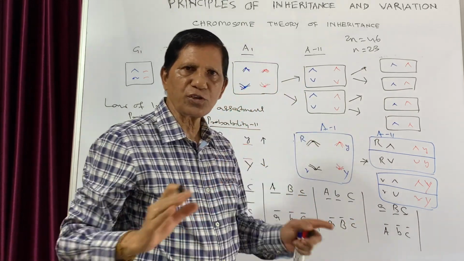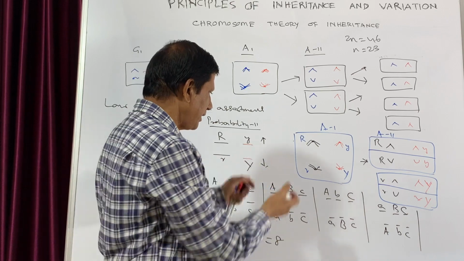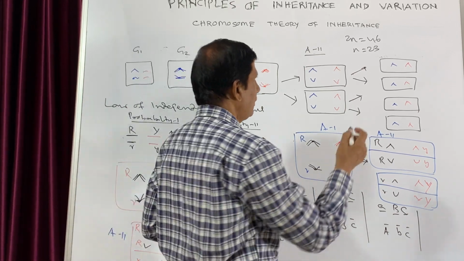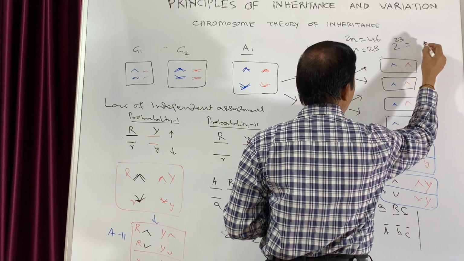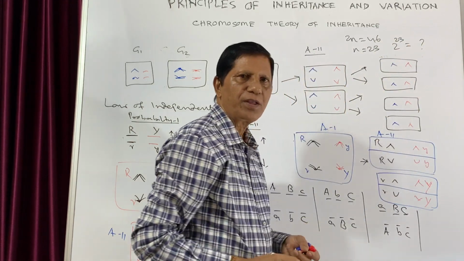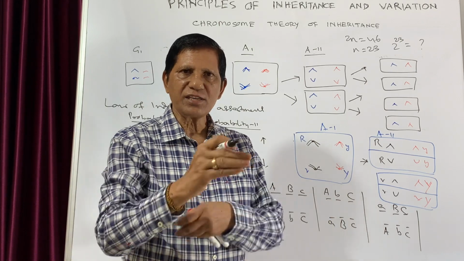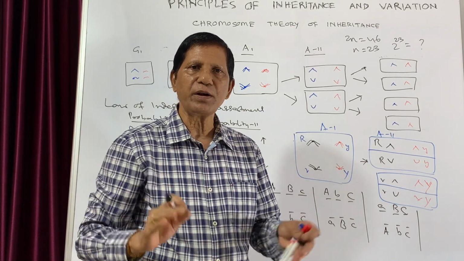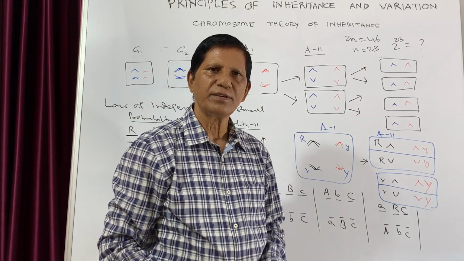If there is no crossing over, then what is the probability that independent assortment will take place? So naturally it will be 2 to the power 23, that means it will come to millions. That means if there is no crossing over, the probability of arrangement of the different types of chromosomes in a human being will come to millions.